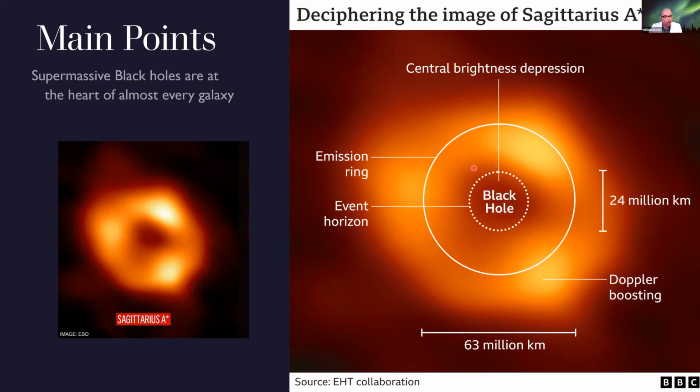And with these kind of images that are being taken of our own supermassive black hole and others in other galaxies, you can begin to do direct analysis of the supermassive black hole.